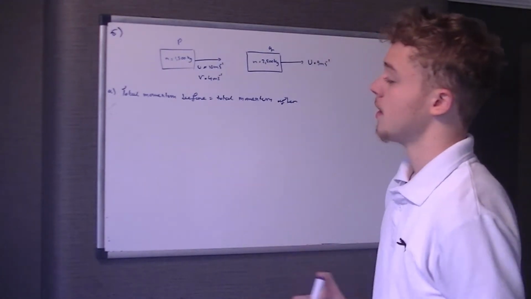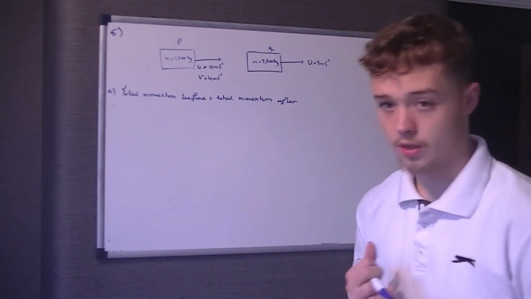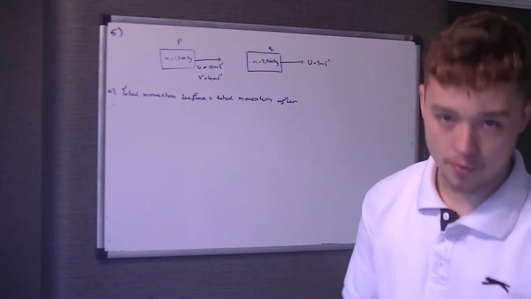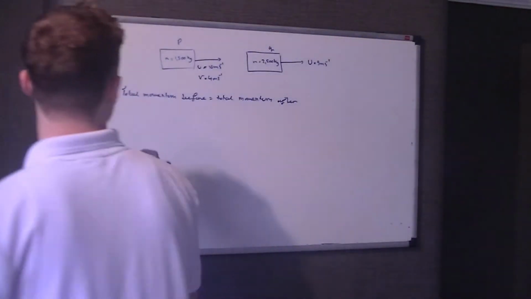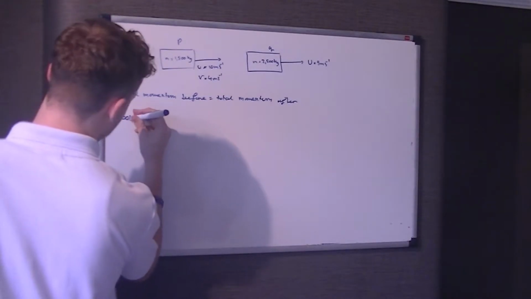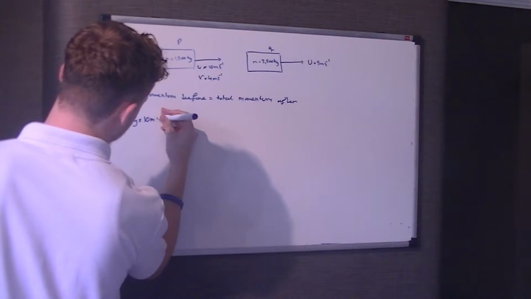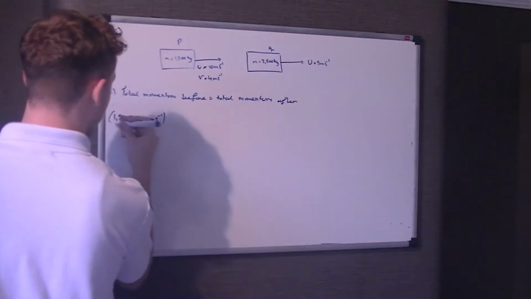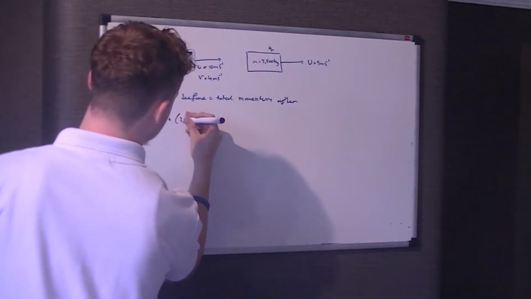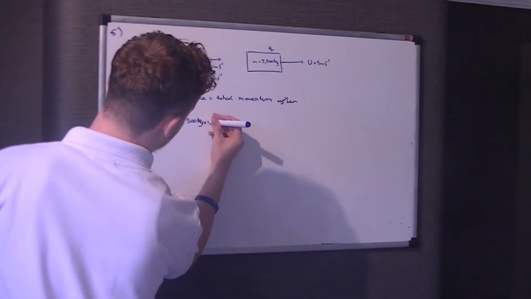Anyway, the total momentum before is equal to the total momentum afterwards. The initial velocities occur before the collision, so work out the total of that. Therefore, 1,500 kilograms times 10 metres per second, because that's the initial speed it's going at, plus 2,500 kilograms times 5 metres per second.